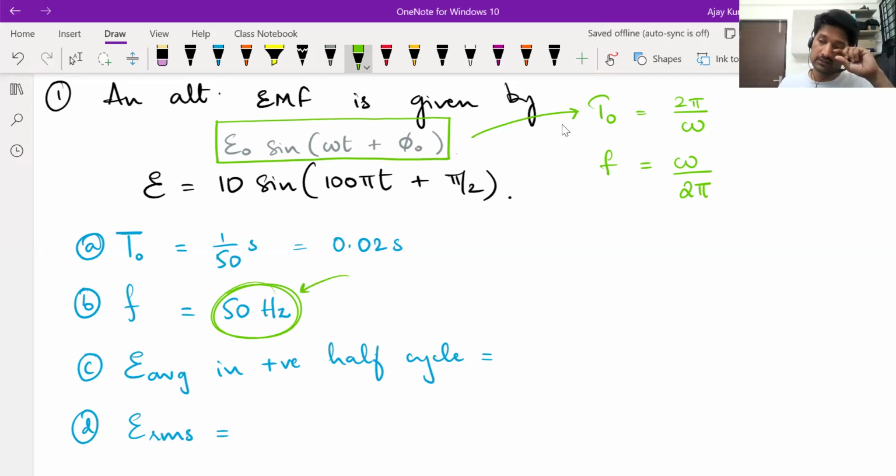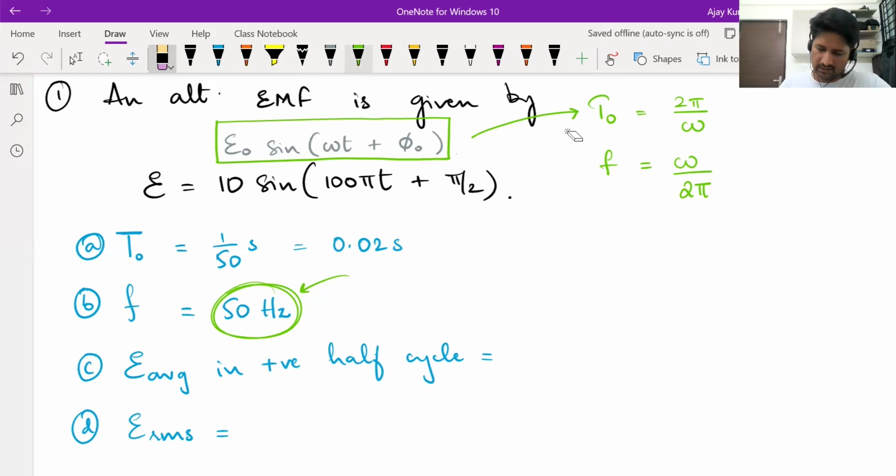You can even see electronic appliances, their specification, there will be a label or a metal sheet behind the device having specifications at what voltage it operates, at what frequency of voltage it operates. Mostly you will find 50 hertz only. They'll write something like 220 volt, 50 hertz AC, because that's the frequency at which they are designed to work. That's the frequency at which we get power from the household power circuit also.